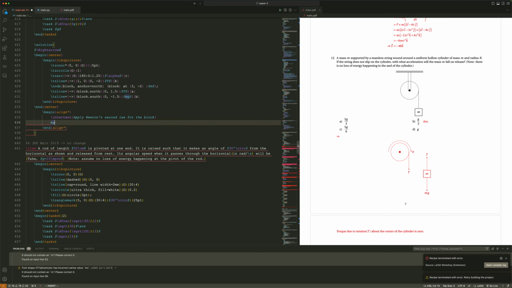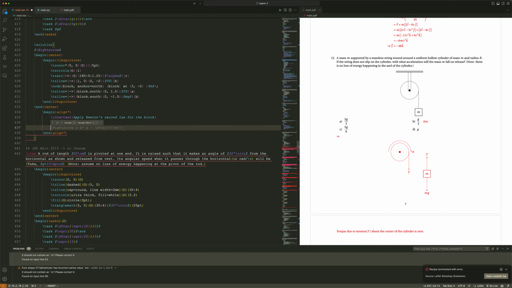So, actually, we can write mg minus T is equal to mass into acceleration, not T minus mg, as we already know the block will move downward, not upward. So yes, it's correct. And one more thing: as you already know the string is not slipping, that means torque is equal to I alpha, and acceleration will be r alpha.